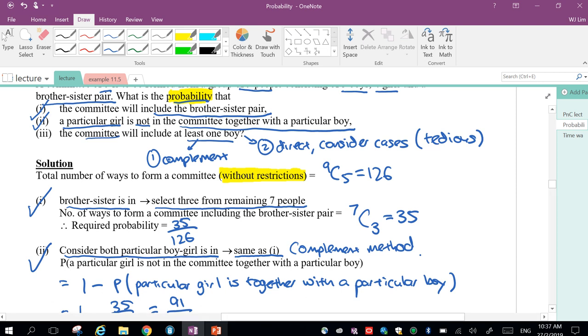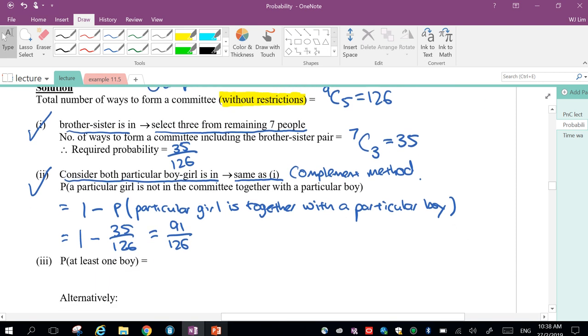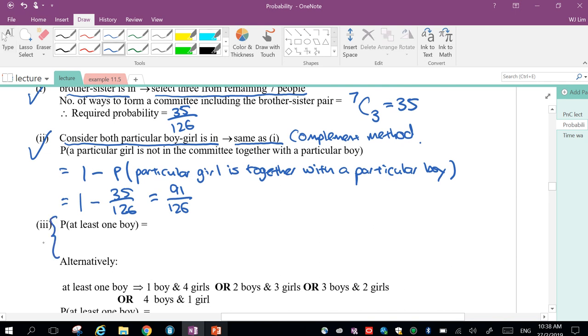Okay, how to find the complement? First go through the complement first. If you want at least one boy, what case you don't want? The committee where there is no boys at all. So this is the complement way. It's 1 minus probability of no boys.